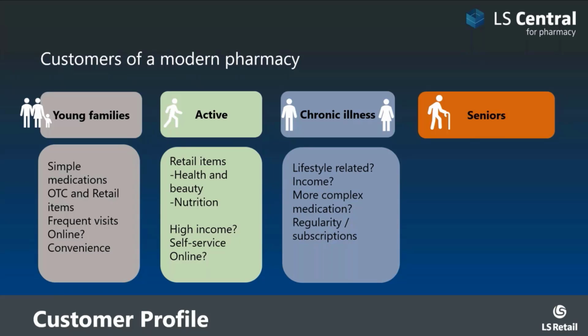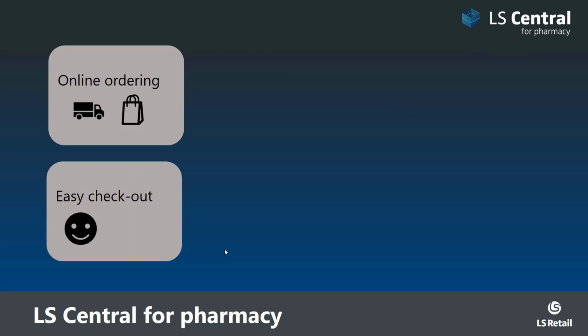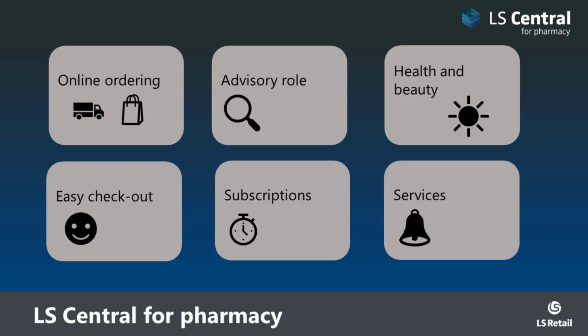And we have senior citizens that, for example, could not be in a hurry, or maybe not as likely to use some omnichannel or online ways of ordering, and there might be some price focus. All this tells us that LS Central Pharmacies needs to serve different customer groups.